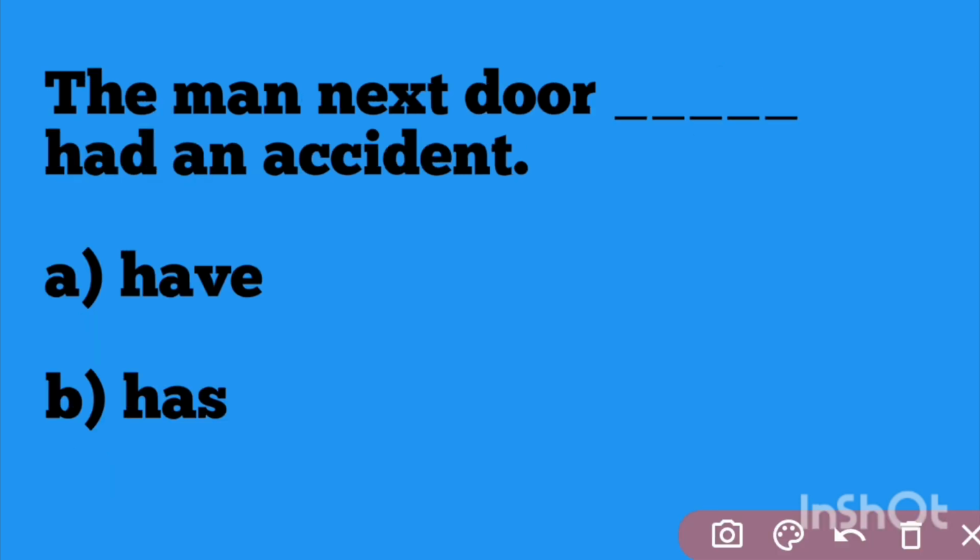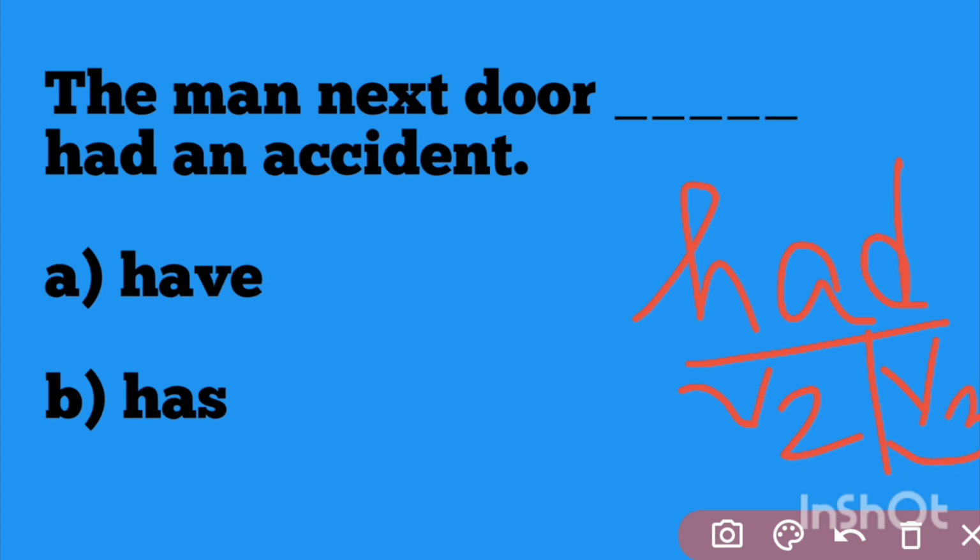Friends, this is one of the most important questions I have ever seen in this practice set. The man next door, blank space, had an accident. Friends, here you can see the term had is used. Had may be the V2 form, that means past form, or it may be the V3 form.